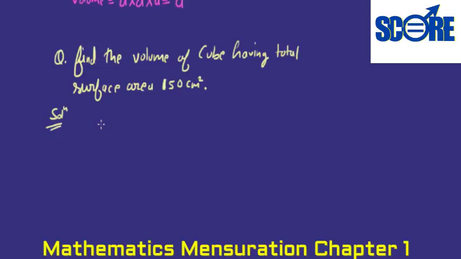We have to find the volume of a cube whose total surface area is 150 centimeter square. So the solid that is given to us is a cube, and let the side of the cube be a. Its total surface area is 6a square, which equals 150 centimeter square.